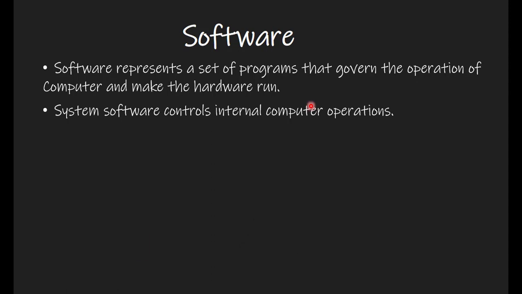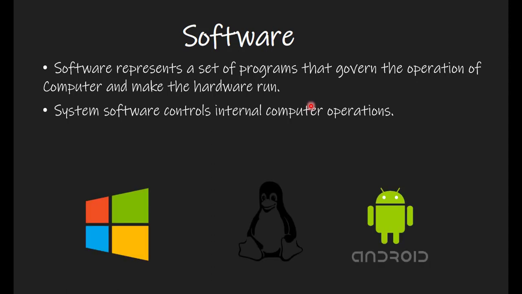One example of system software is the operating system. Most of you have used the Windows and Android operating systems in your laptops and smartphones. I have shown here three operating systems. The first one is Windows, the second one is Linux, and the third one is Android.